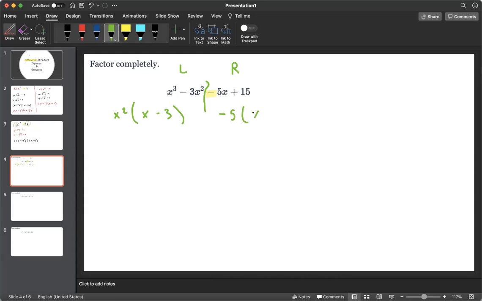So inside the parentheses, we have x minus 3. Something you need to check for is that the x minus 3 parts are both the same. So our final answer is x minus 3 times x squared minus 5.